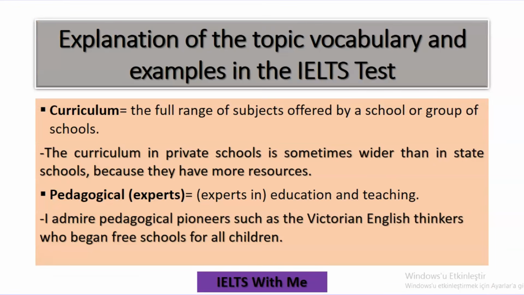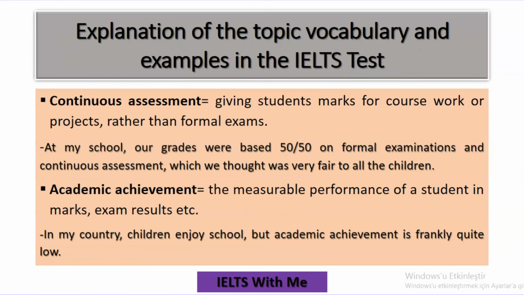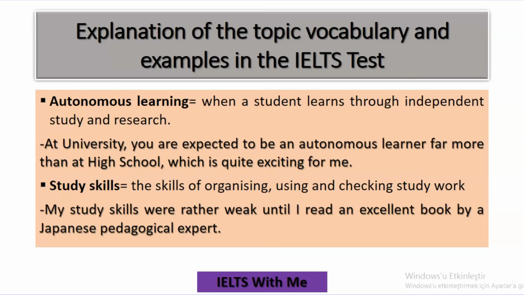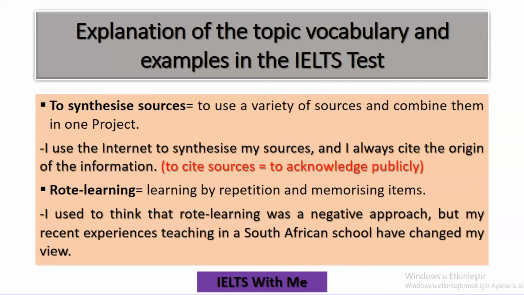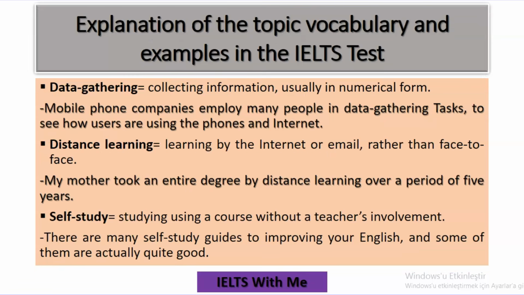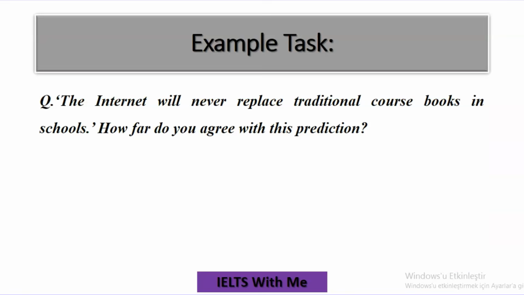Vocabulary such as pedagogical, formal examinations, academic achievement, teacher-led lessons, group work, study skills, rote learning, guided learning, self distance learning, and how to actually children can discriminate between sources in the usage of smartphones actually.